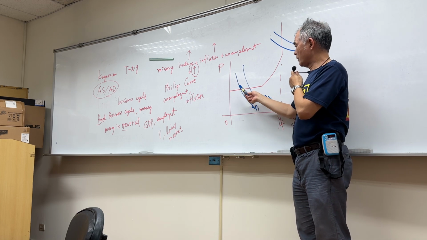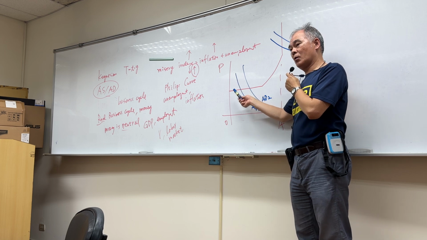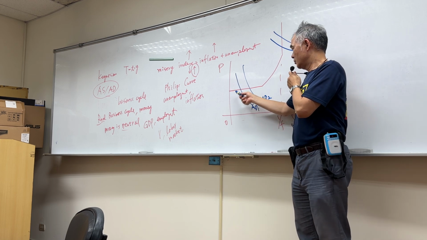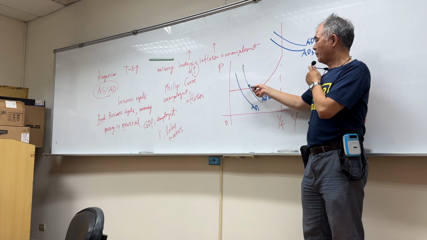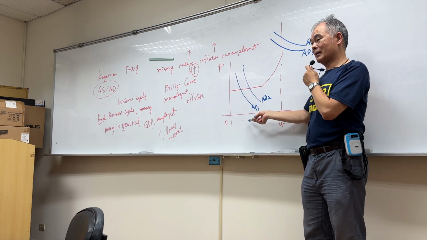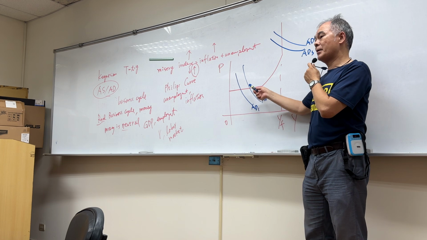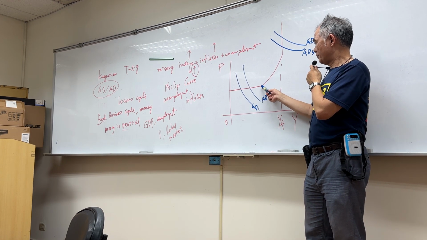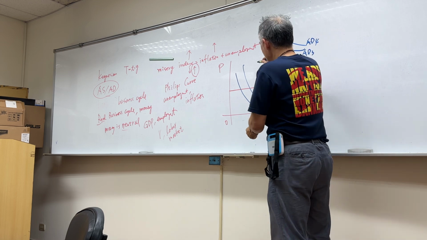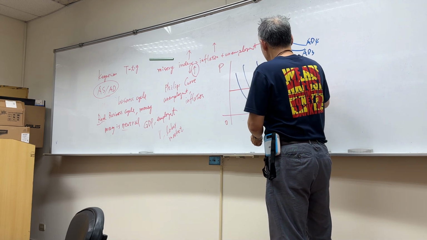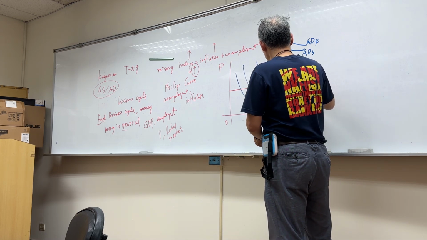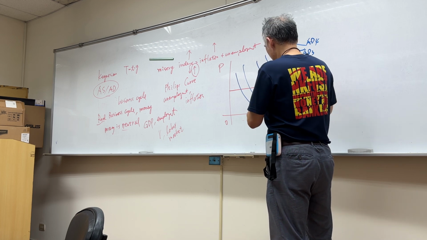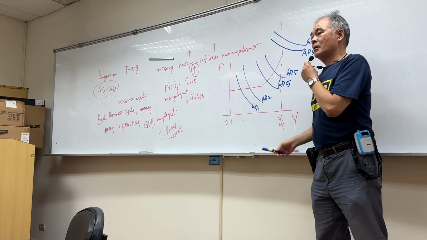And so if someone is going to spend more, consume more, invest more, what happens? The GDP will increase, but the price level will not be impacted. But beyond this point, if you have an increase in demand, you're going to get an increase in price level.